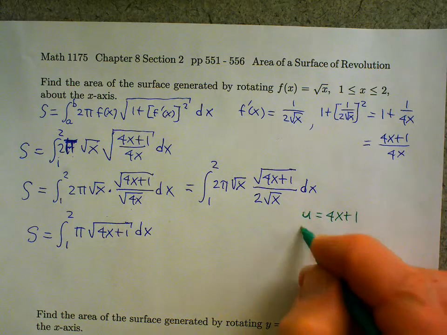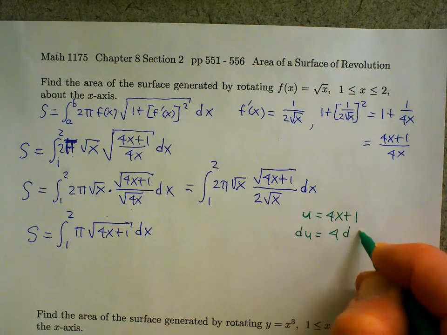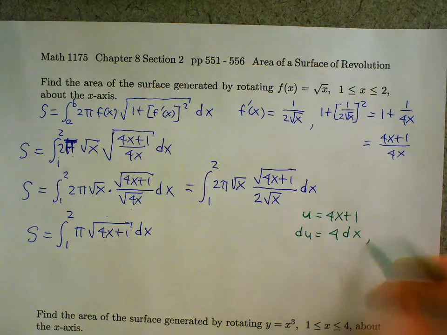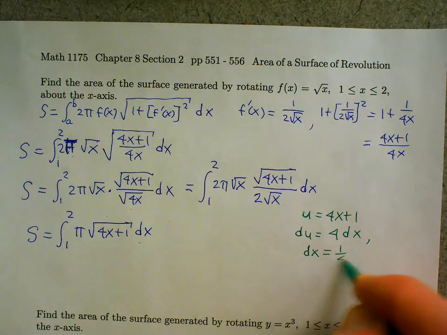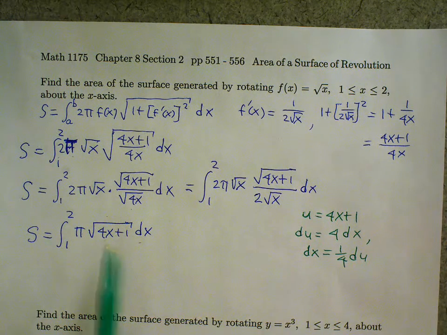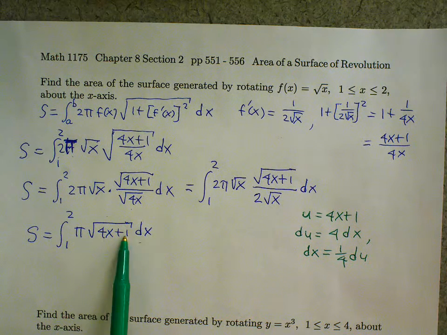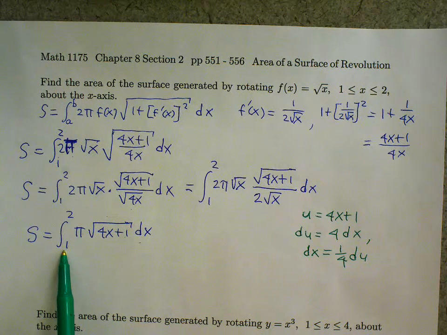And so du is 4 dx, and so dx is 1/4 du. So we'll replace 4x plus 1 with u and dx with 1/4 du. We'll also change the limits of integration.